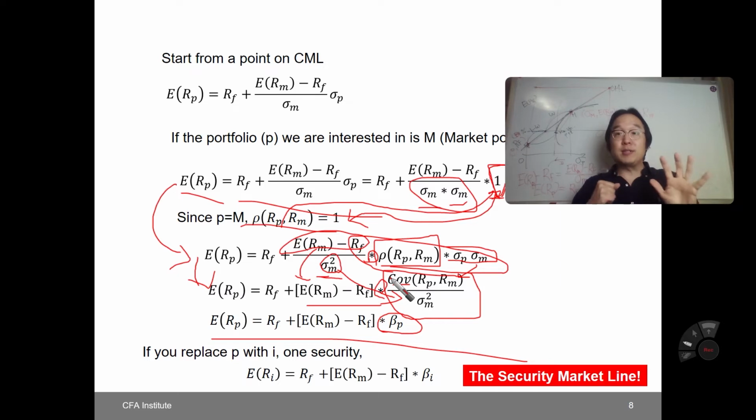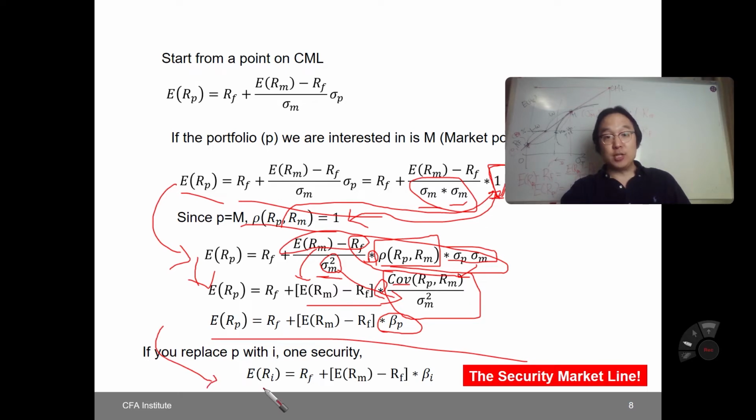Much more mathematically involved parts will come. But if you replace the portfolio with one single security called I, then it becomes the last equation over here. Your security's expected return should be equal to the risk-free rate plus the market risk premium times its beta, the security's beta, or Tesla's beta, not the portfolio beta this time, because you replaced the portfolio with just one single security.